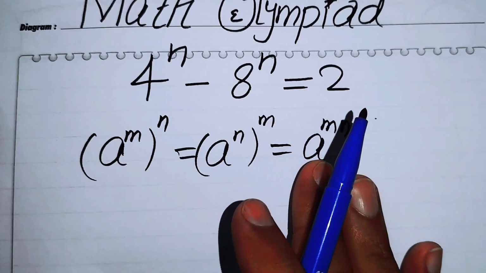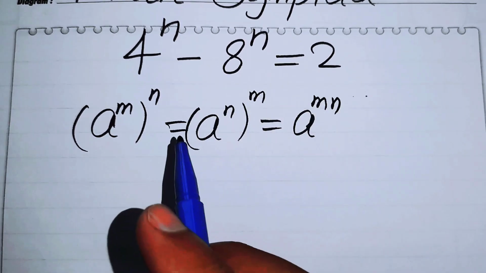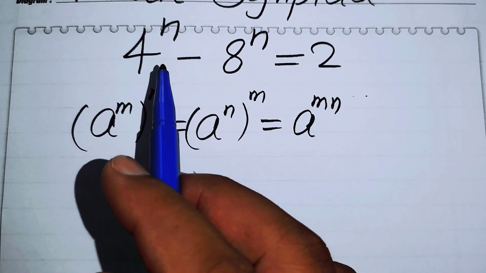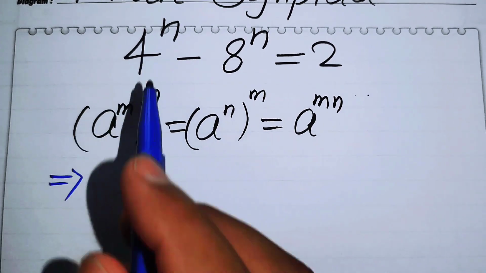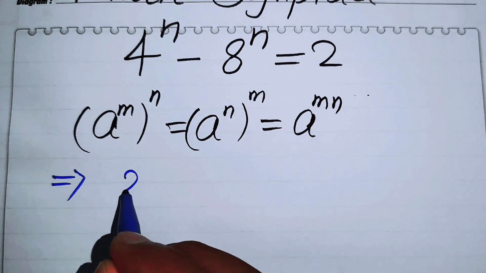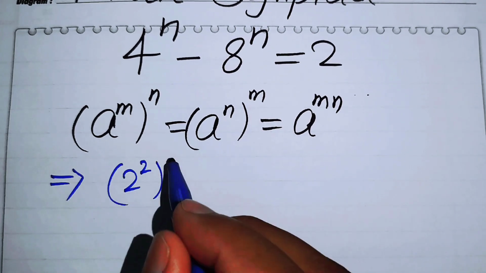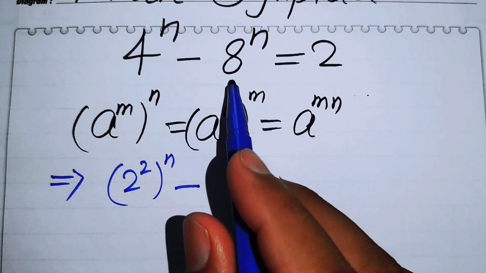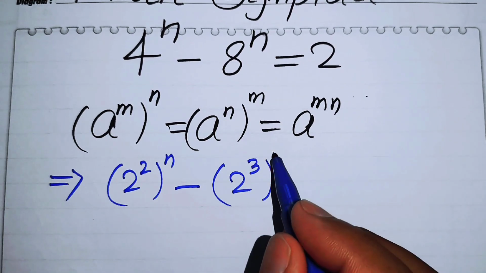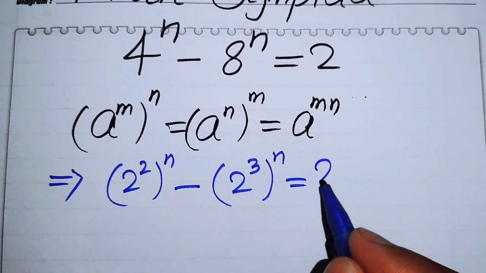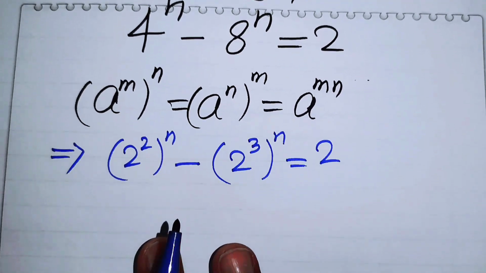So now first we need to apply this nice exponential law. Here I can first rewrite this equation: 4 to the power of n, we can write as 2 to the power of 2 and its whole power n, minus 8, you can write as 2 to the power of 3 and its whole power n, is equal to 2.